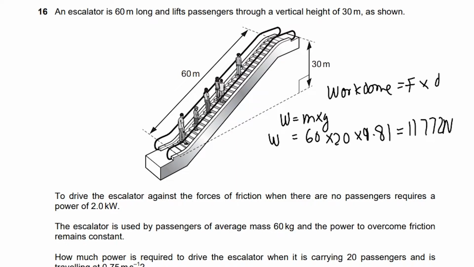So 30 meter is the distance moved in the direction of force because it's the vertical distance and g acts vertically downwards, okay, towards the center of Earth. So the distance is 30 and the force is 11772 Newton. So the work done is 11772 Newton multiplied by the distance 30 meter. Okay, so we multiplied by 30.